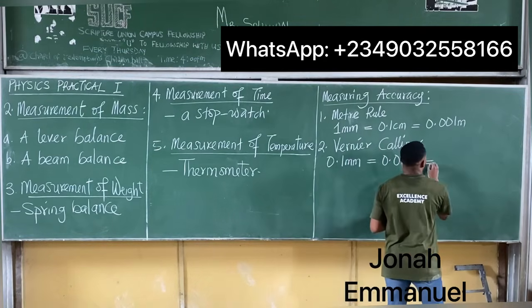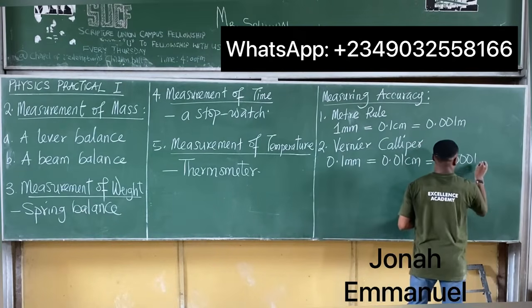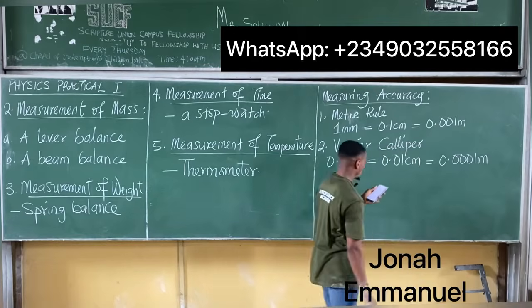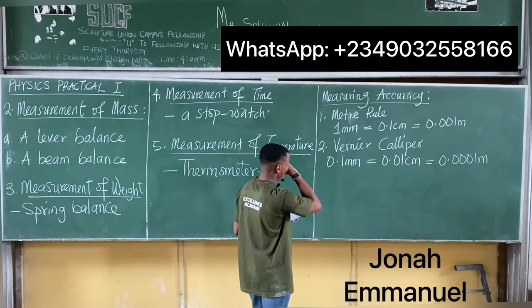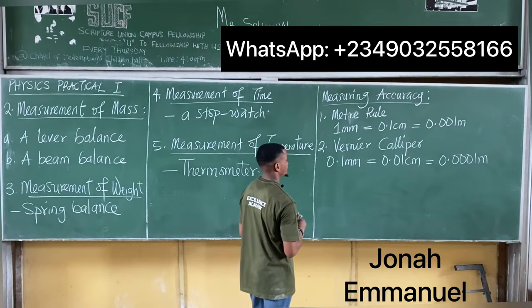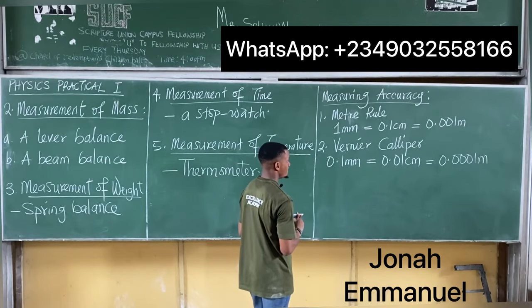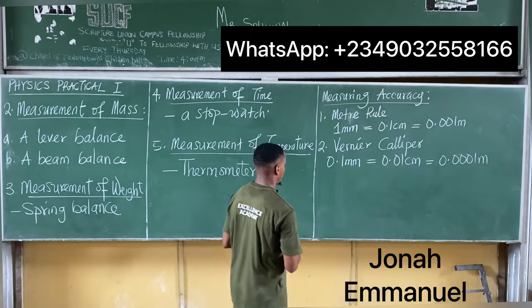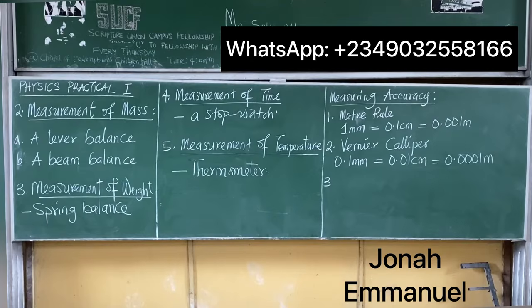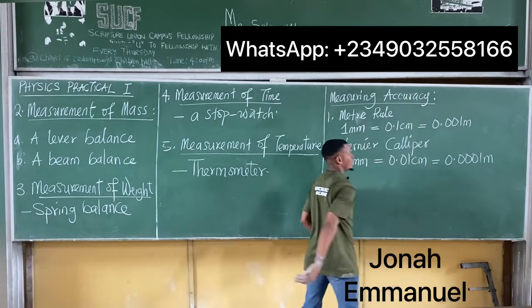For meters, divide by 1000, 0.0001 meters.